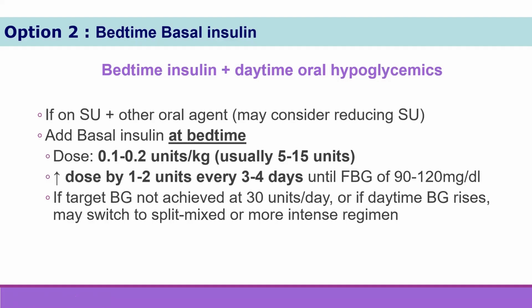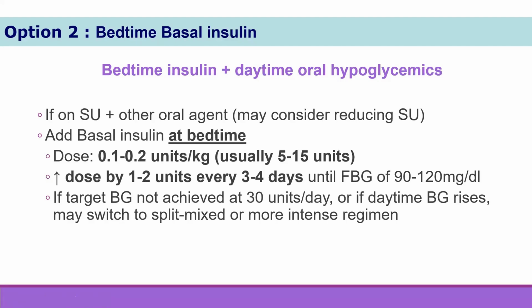10 units at bedtime. Check the fasting plasma glucose every 3-4 days or every week. Target the fasting plasma glucose between 90 to 120 and uptitrate the dose every 4 days or every 3 days or every 7 days till you achieve a fasting plasma glucose between 90 to 120.